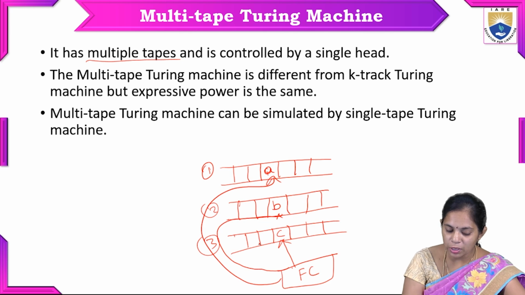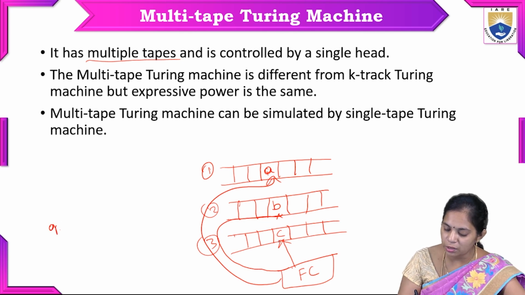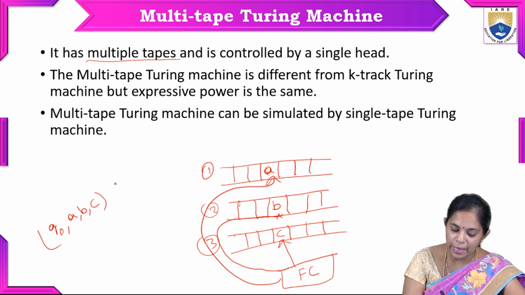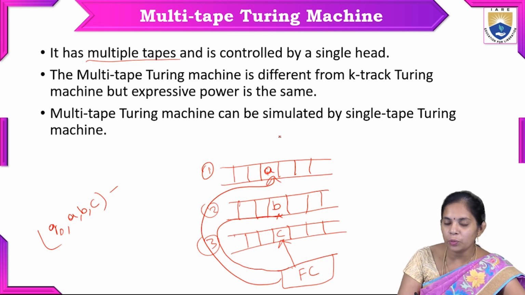Coming to the transition, suppose we represent it at Q naught. With the inputs A, B, C, we read all three values, and after reading we need to write something.